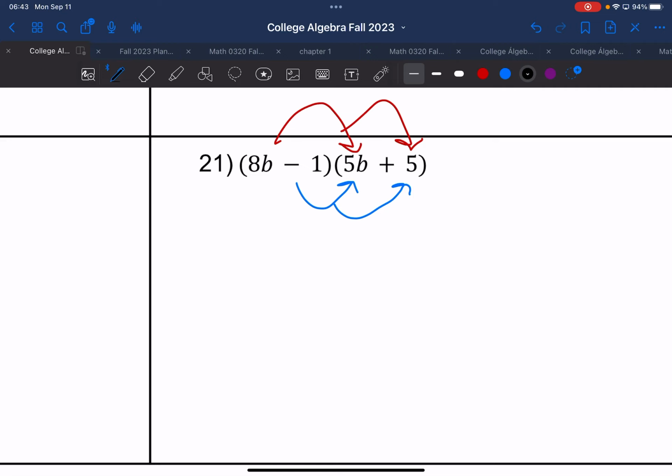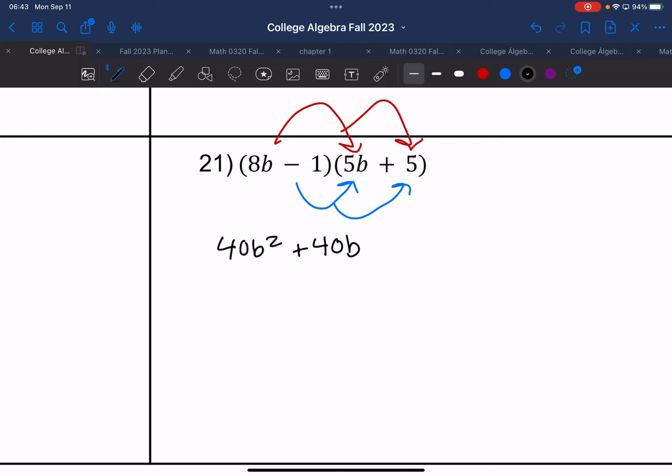Okay, so the first thing you multiplied was that 8b by 5b, which is 40b squared. And then 8b times 5, which is 40b. Then on the blue arrows, we're multiplying that -1.